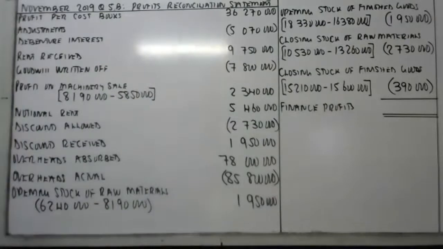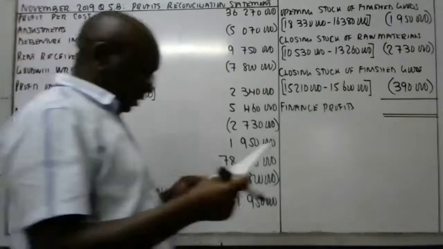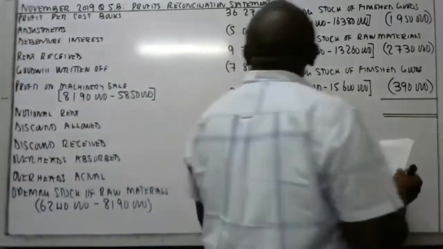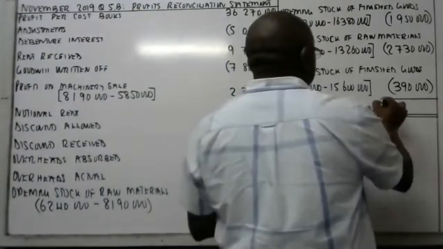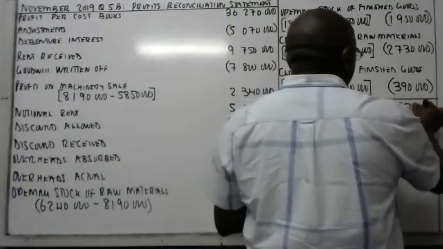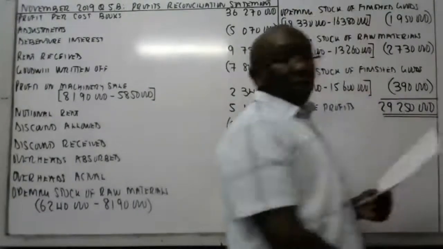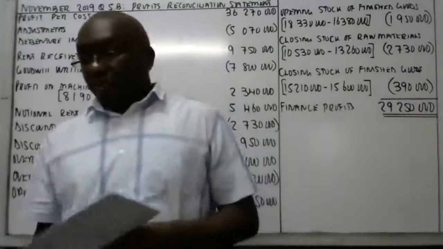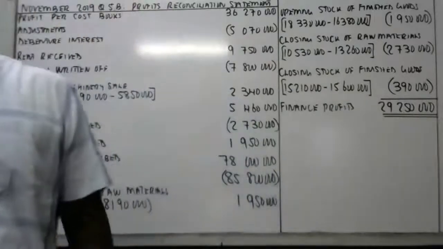Now the finance profit, as per the question, we are told it is 29,250,000. Check whether it agrees or whether it reconciles.